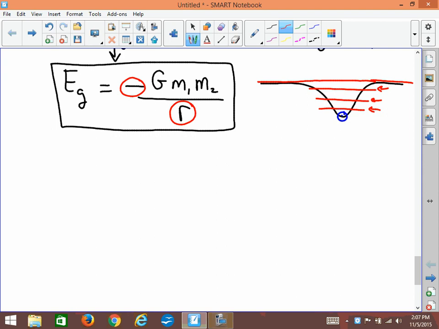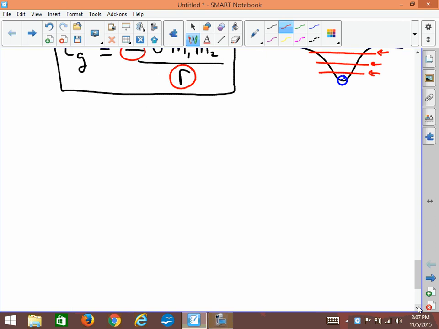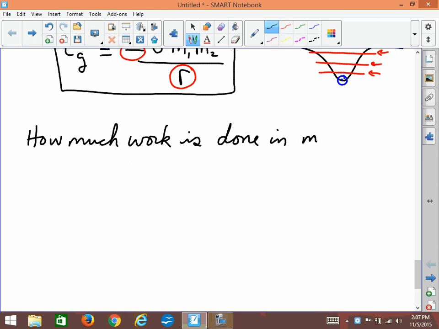Okay, let's do a simple example question and we can be done with it. So let's take a question: how much work is done in moving a 1,000 kilogram spaceship or satellite or something.